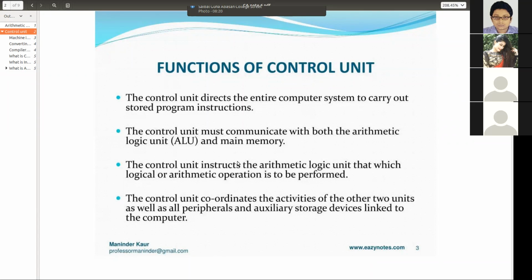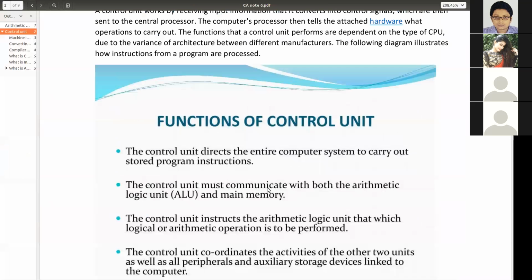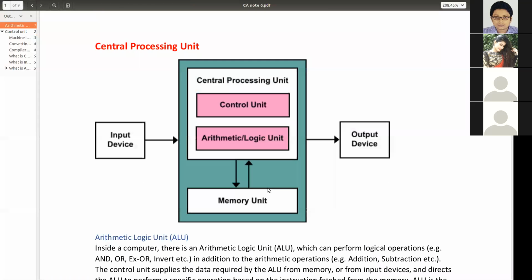So these are the overall functions of the control unit basically, and these are the basic components of the central processing unit or CPU, where the control unit will be there, the arithmetic and logic unit will be there, and the memory unit will be there.